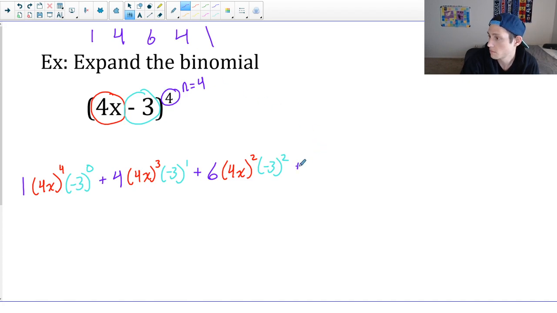Plus 4, 4x to the first, -3 cubed, and then plus 1, 4x to the 0th power times negative 3 to the 4th power.